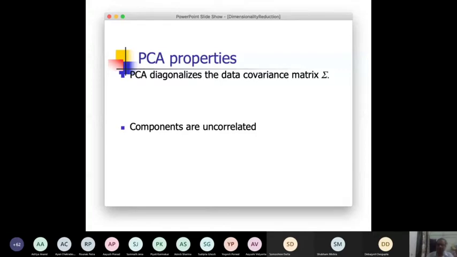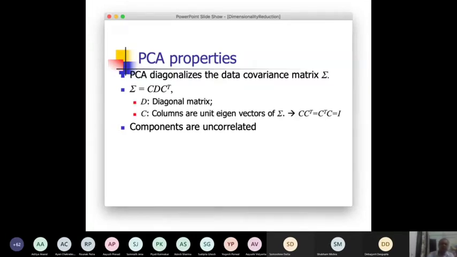From one set of orthogonal basis vectors, you are getting another set of orthogonal basis vectors. And then in the transformed space, if you compute the covariance matrix, you will get only the diagonal elements, where each diagonal element will be one of these eigenvalues.